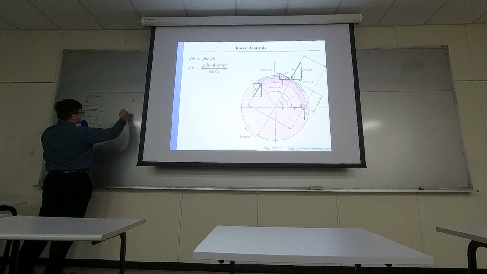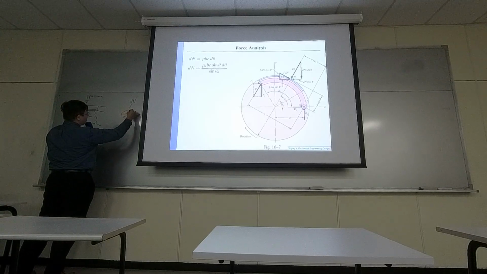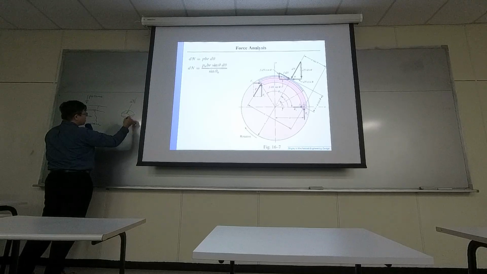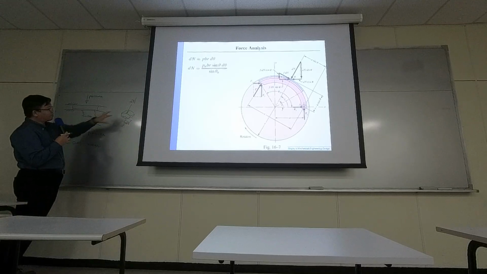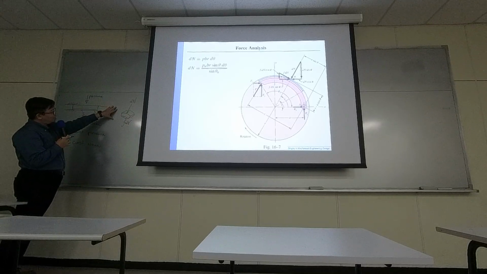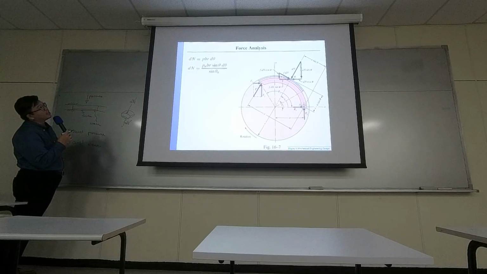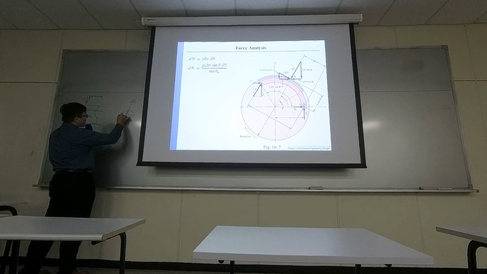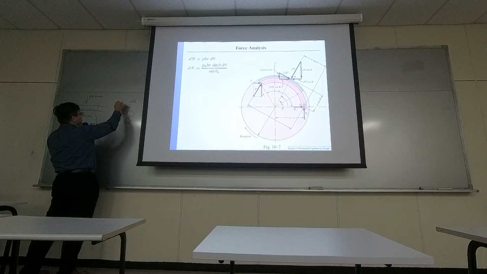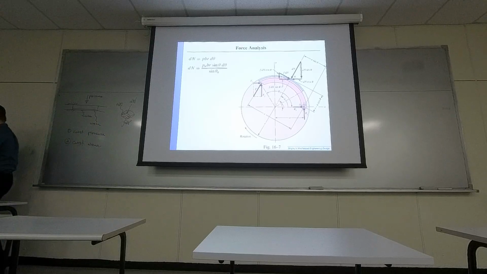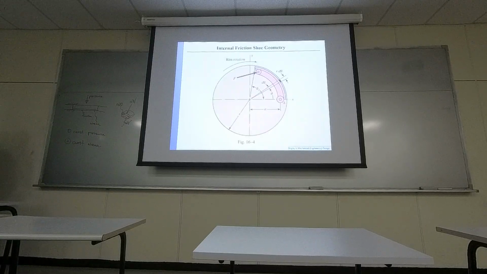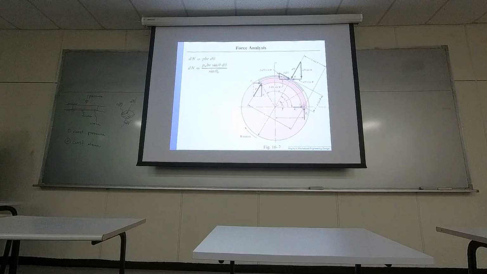So if you draw the thickness of this material, we already know the arc length is r dθ from what we had right here. R dθ is the arc length.